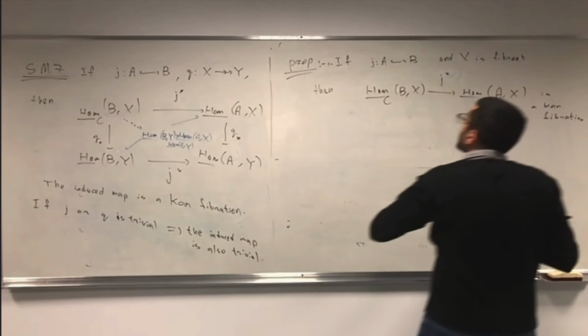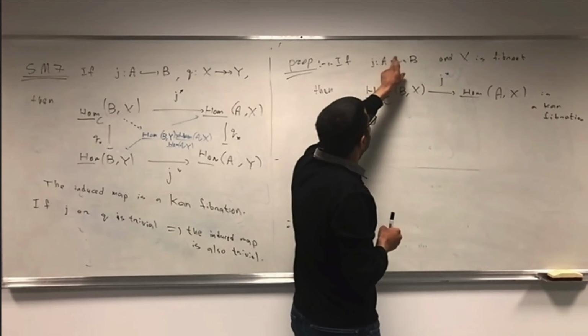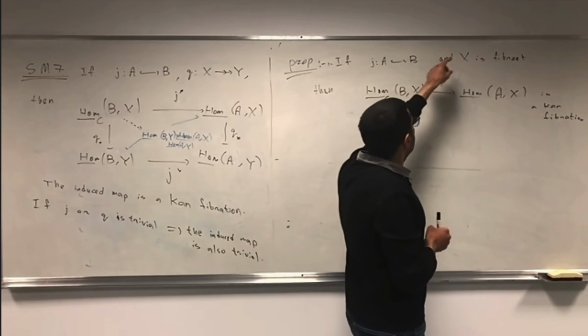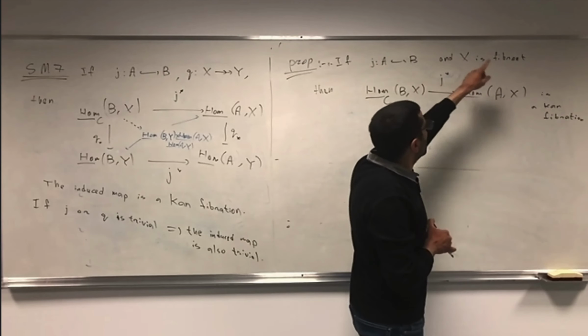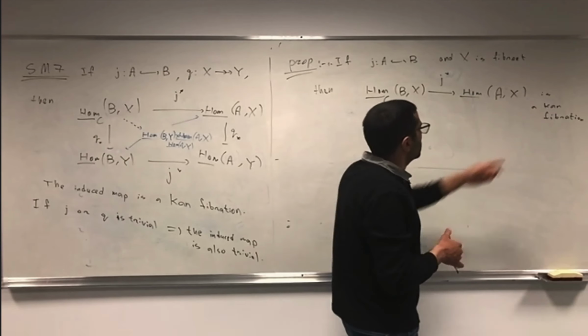Of course, if we add here that this is trivial, then this will be trivial. If we add that X is not just fibrant but weakly contractible fibrant, this will be trivial.